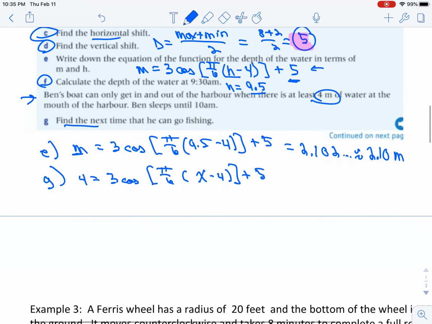So what you can do then is on your calculator, and I demonstrated this for one of the problems in class on Wednesday, put the 4 in as one function and this in as your other function. So this would be the function y equals 4 on your calculator. You look for the intersection, and you should find that these intersect at 12.3509..., y equals 4, which makes sense because we wanted the height to be 4.